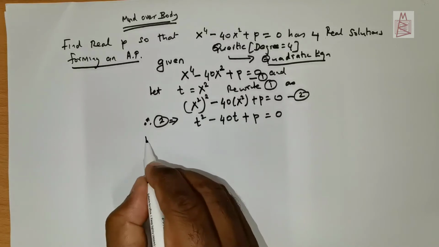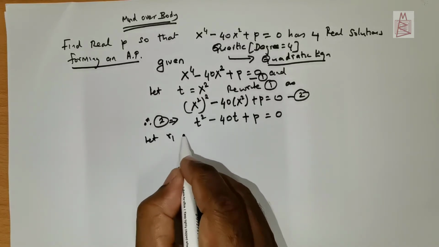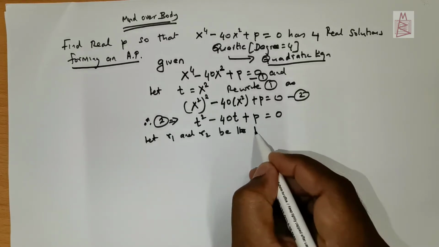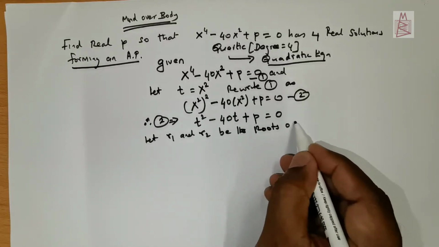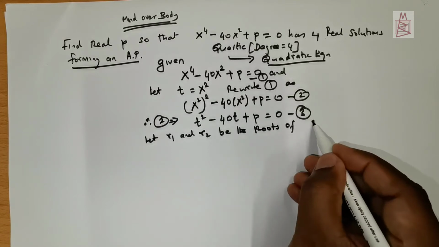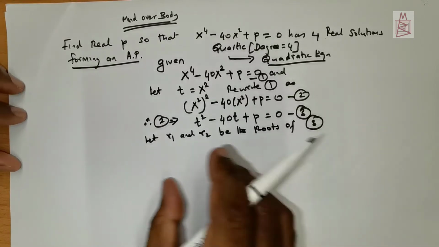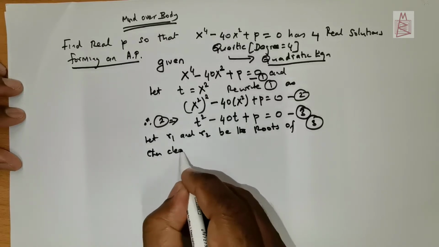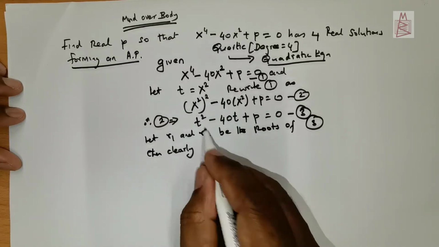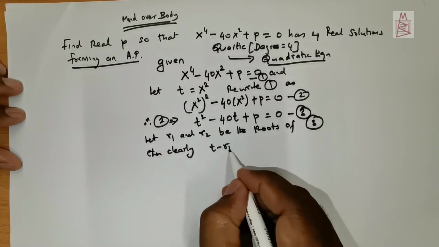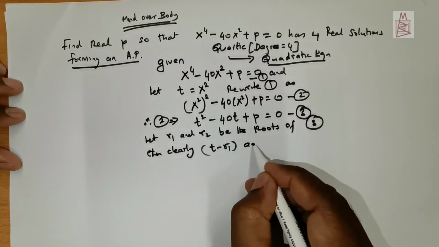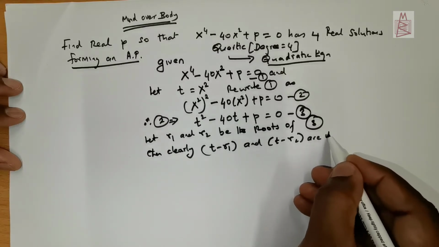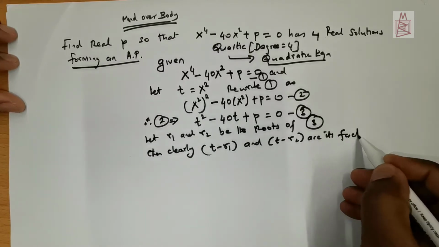Now let us assume, let R1 and R2 be the roots of 3. Now, if R1 and R2 are the roots, then clearly t minus R1 and t minus R2 are its factors.